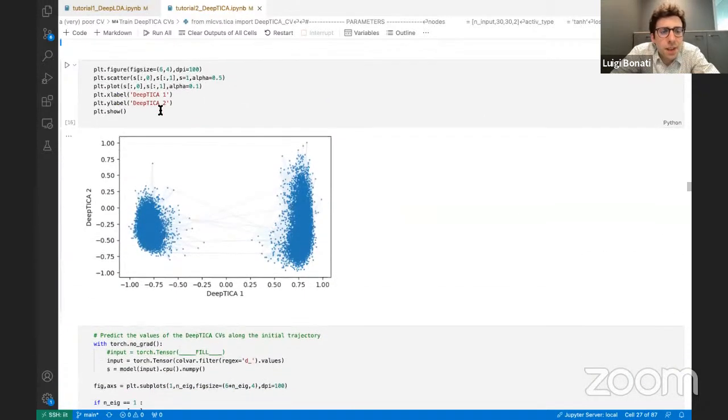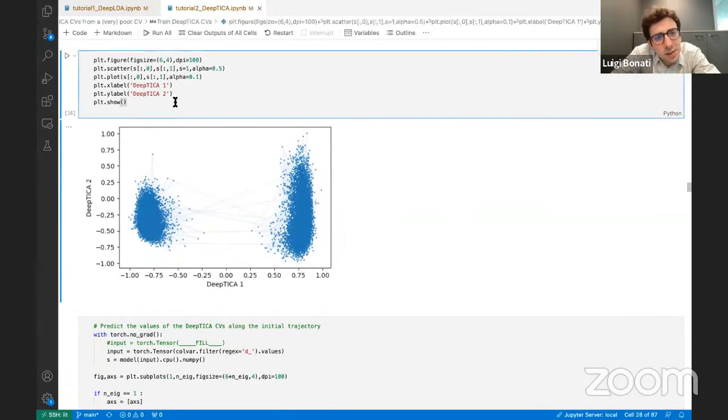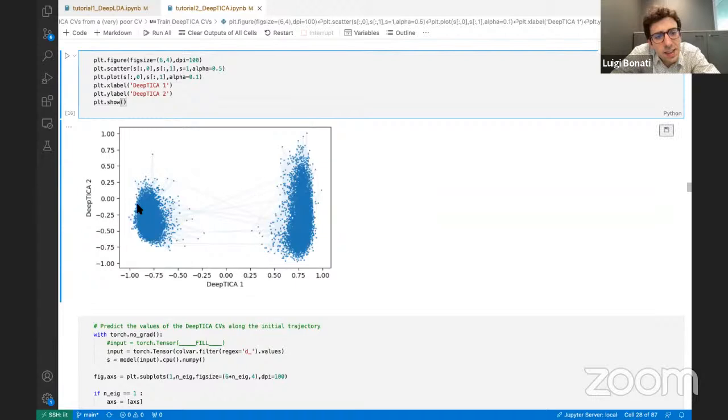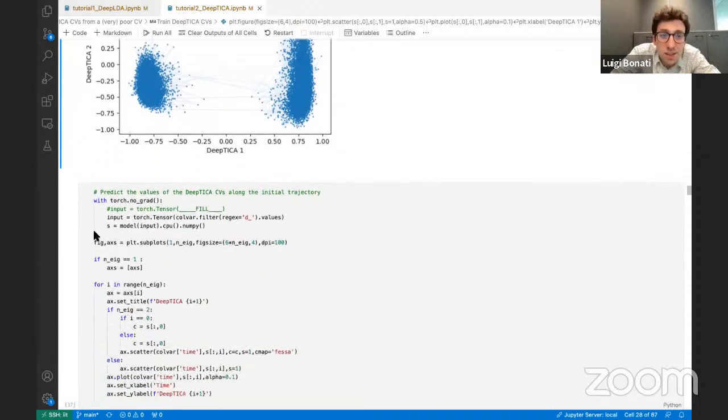Here I plotted the scatter plot of deep TICA 1 and deep TICA 2. What we see is that deep TICA 1 CV describes the transition between two states, between which we have just a few transitions, while it's not so clear what deep TICA 2 is describing.